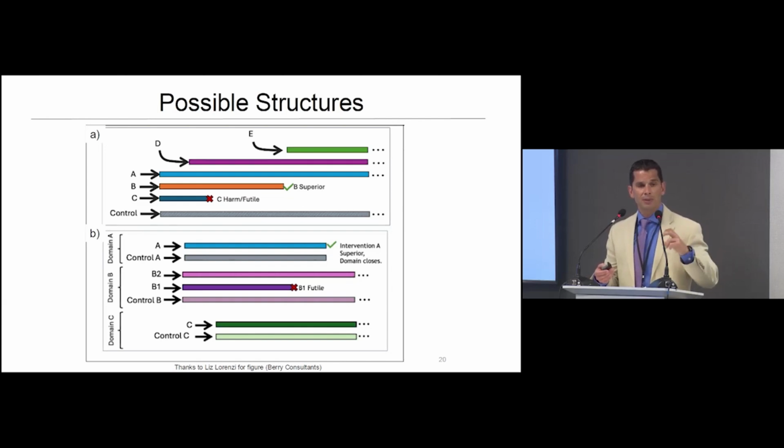And so what happens in schematic B is that each patient gets multiple randomizations, whereas in A a patient only gets one randomization. So in B, if I'm a patient coming into the study, I may get randomized in domain A, B, and C, and I have a different intervention in each one of those domains. And so different structure, different questions, and different paradigms.